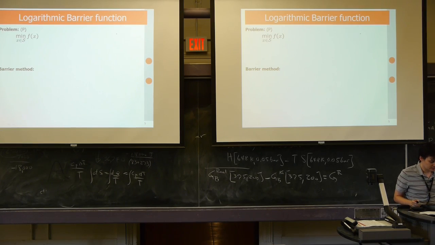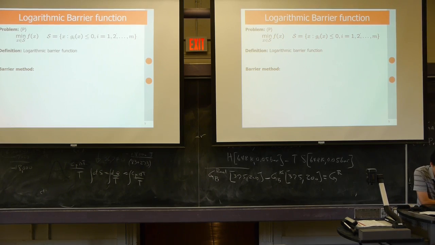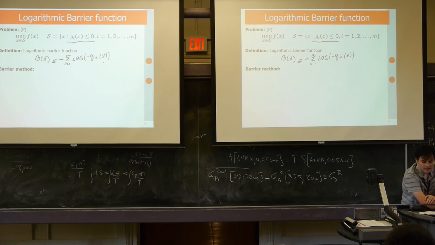Another important barrier function is the logarithmic barrier function. So if our constraint set is represented again with these functions, that gi(x) is non-negative, then the logarithmic barrier function is defined as minus the sum of the logarithm of minus gi(x).